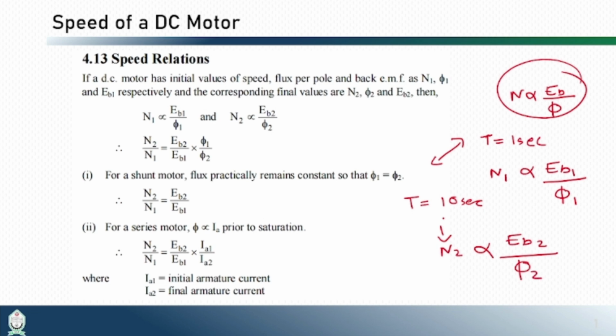So at different time instances, this relationship can be written as N1 proportional to Eb1 by phi 1, and N2 proportional to Eb2 divided by phi 2. Since these two statements are written as proportional, and we know the proportional sign can be replaced with a constant, if we take a comparison, we can come to a formula like this.